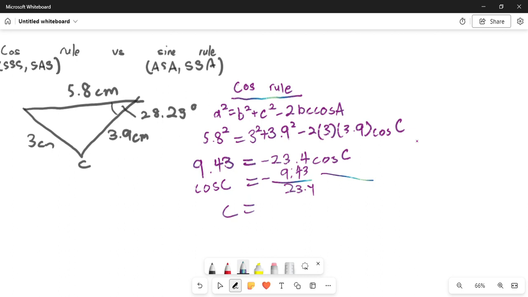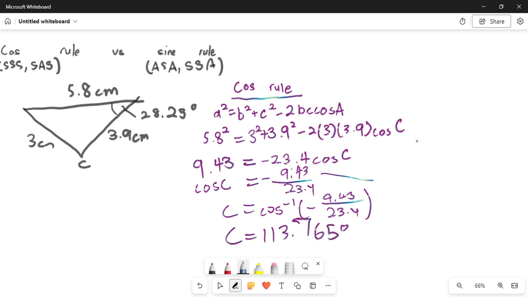So C is equal to the inverse of cosine negative 9.43 over 23.4. Put it in a calculator. You'll realize that the answer you get is 113.765 degrees, which is okay.